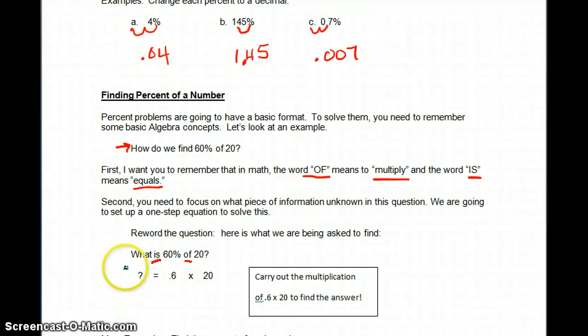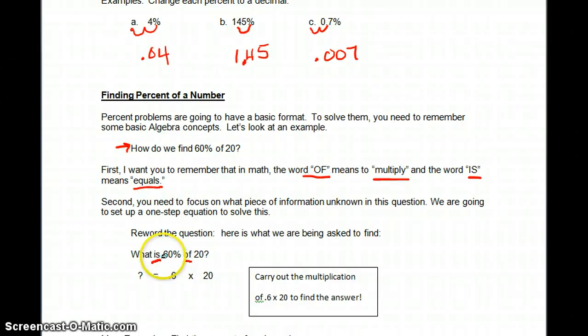We can further convert that into a mathematical equation by remembering that the word "is" means equals, the word "of" means multiply, and every time that we have a percent problem, we have to use it in decimal form.